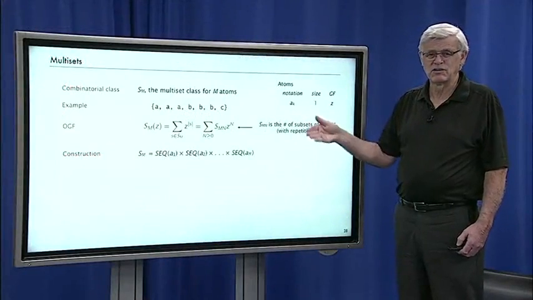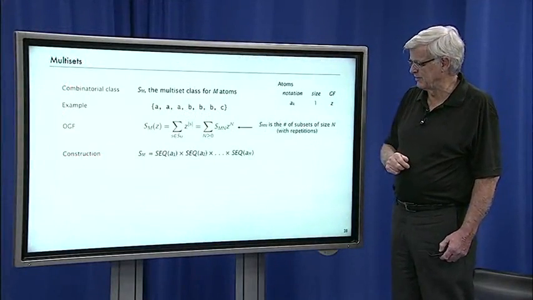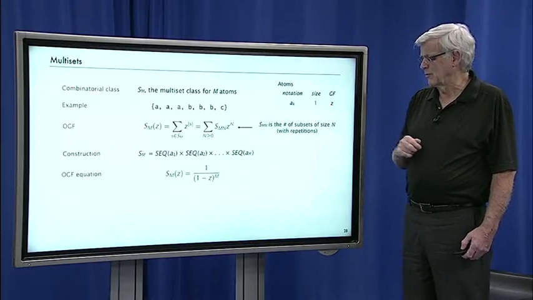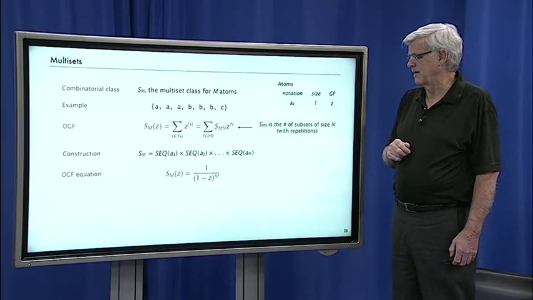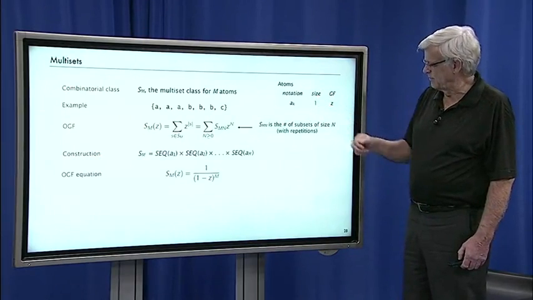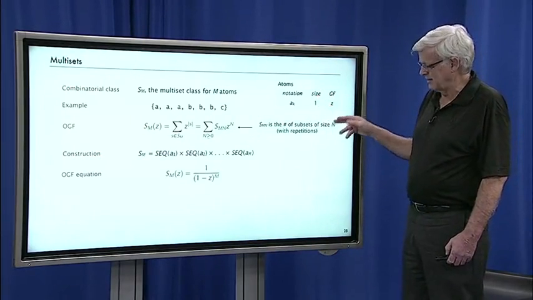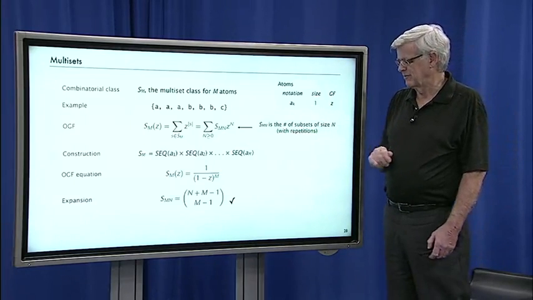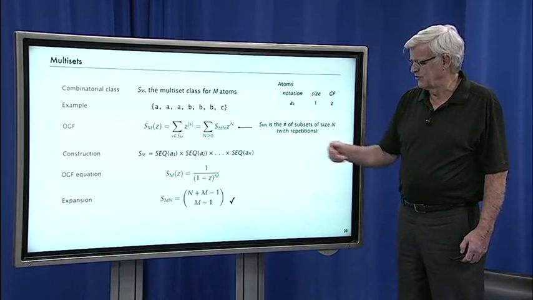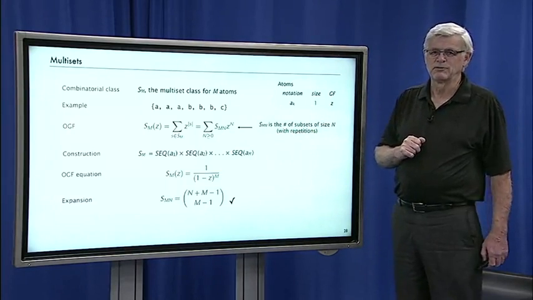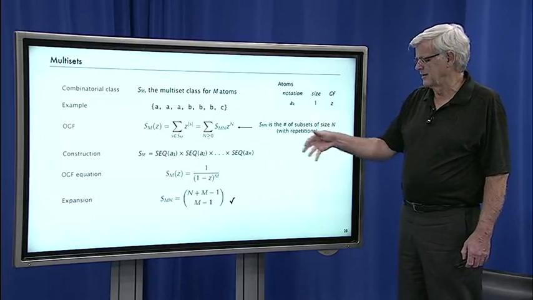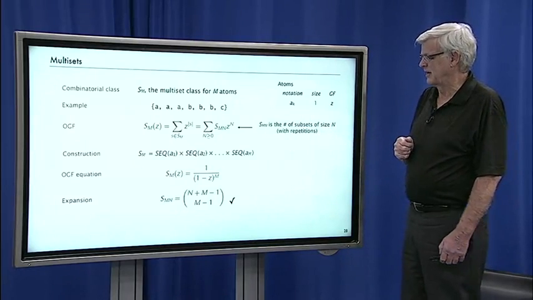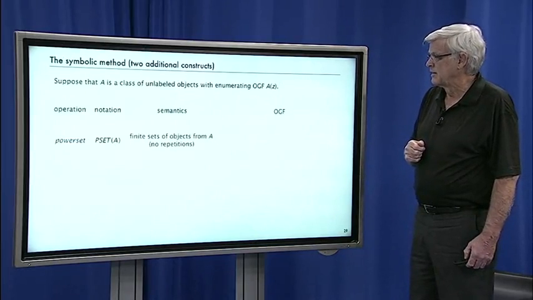The generating function for the sequence of an atom is 1 over 1 minus z. So we get 1 over (1 minus z) to the m. The number of subsets of size n, that's an elementary generating function expansion, is just n plus m minus 1 choose n. And again, you may be familiar with that from elementary combinatorics.